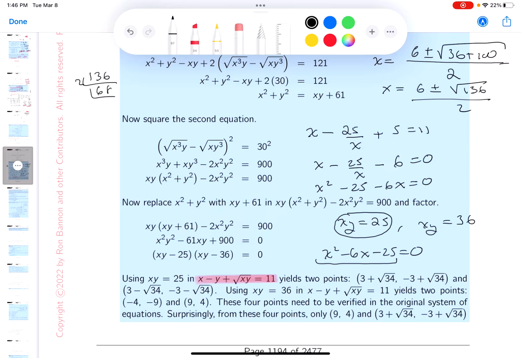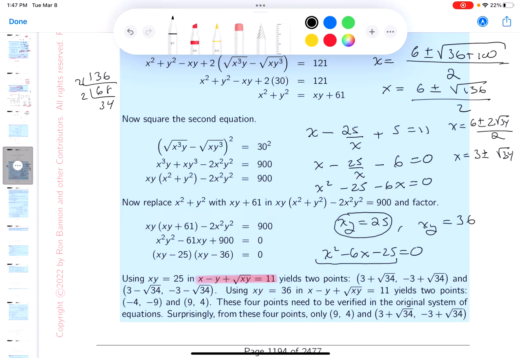And half again, you get 34. Oh, that's not so bad. So you get x equals 6 plus or minus 2 root 34 over 2. Divide through by 2. You get 3 plus or minus root 34.